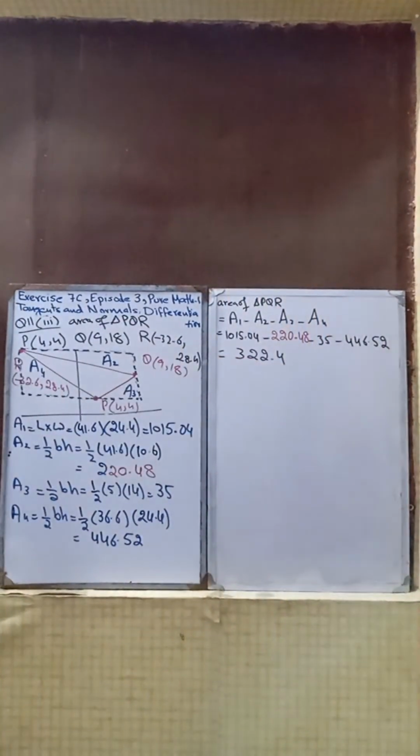I hope now the answer is good. 1015.04 minus 220.48 minus 35 minus 446.52. So what will be the answer? The answer is 313. Still we have 317 as the answer, so let's check this further.